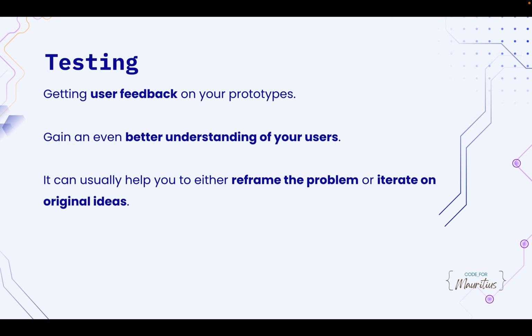By getting this user feedback, you also gain an even better understanding of your users. Of course, we did that during the need finding step, but as the user interacts with this prototype, you'll get an even better understanding of what they need or what they want.